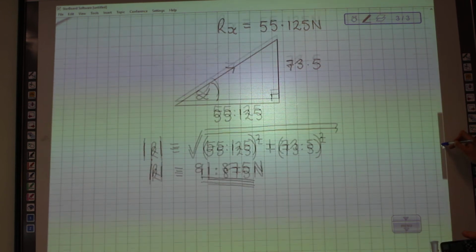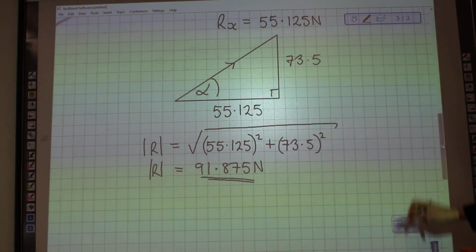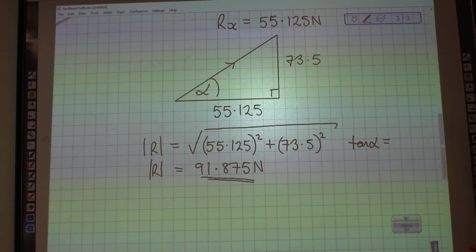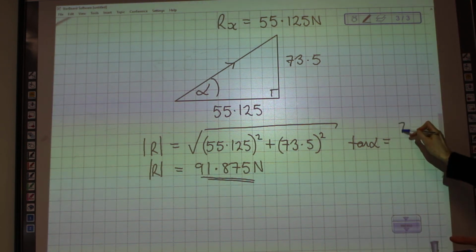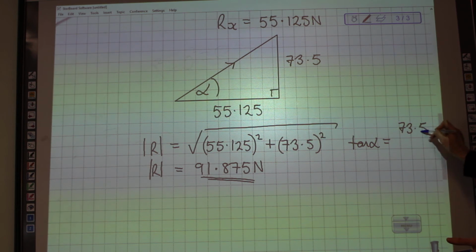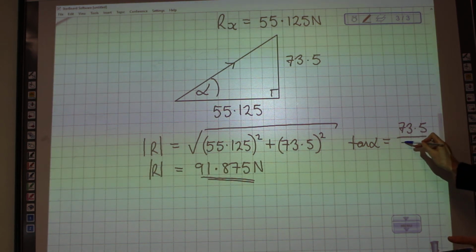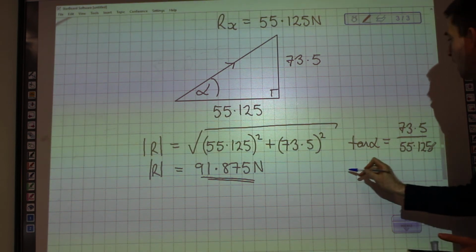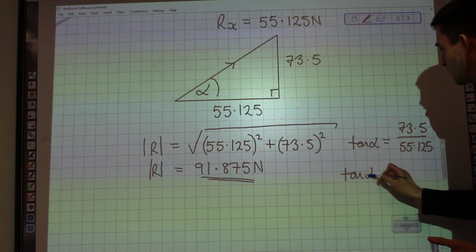Now, the direction. I'm trying to find the angle alpha, so I'm saying that tan alpha is 73.5 over 55.125. I wonder if you believe me when I tell you that that simplifies to 4 over 3. So tan alpha is 4 over 3.